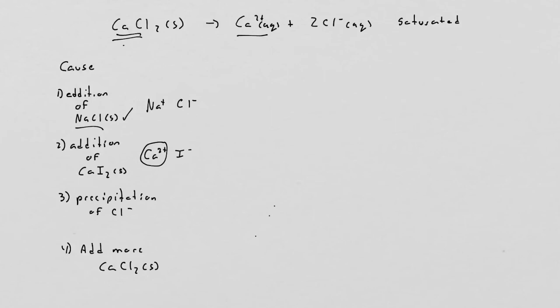When you add calcium ions, it will shift to the left. The amount of chlorides will decrease, and the amount of solid calcium chloride will increase. And again, that means it becomes less soluble. That's what a common ion does. It decreases the solubility of a compound. So there's something else besides temperature that can change the solubility of a compound.